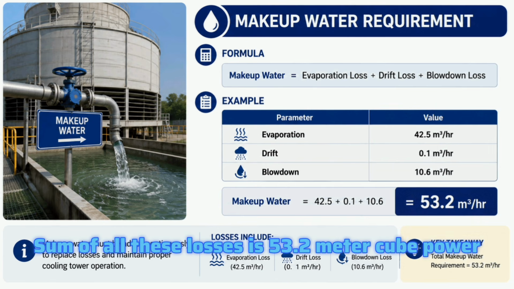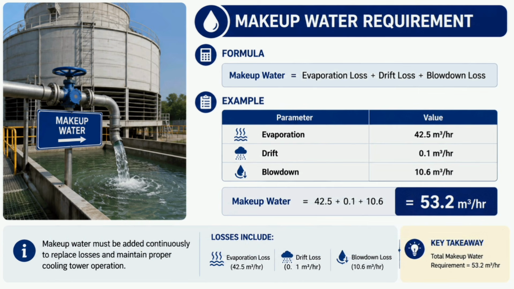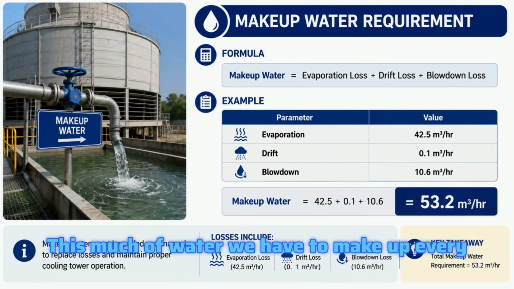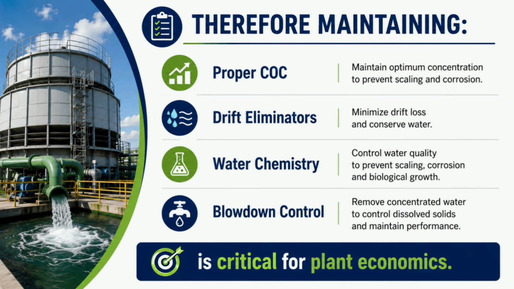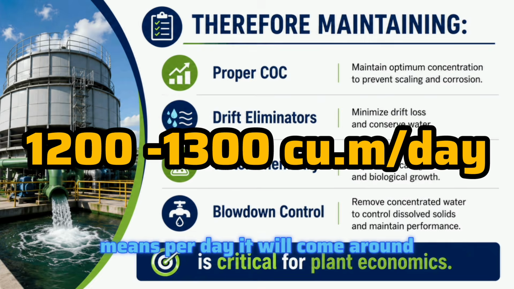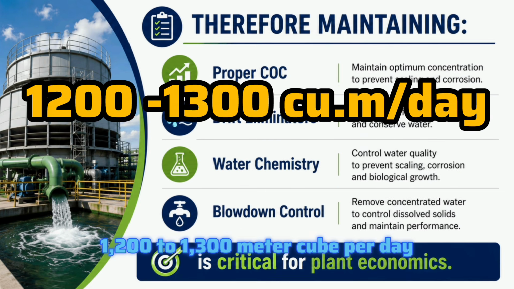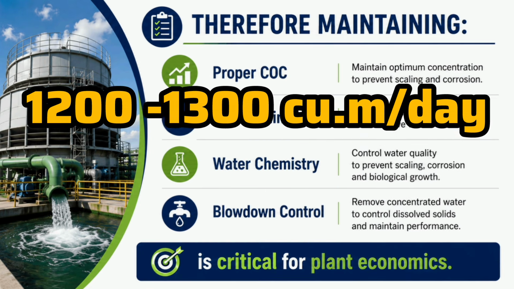The sum of all these losses is 53.2 meter cube per hour. This much water we have to make up every hour to run the system healthy. 53.2 meter cube per hour means per day it will come around 1200 to 1300 meter cube per day.